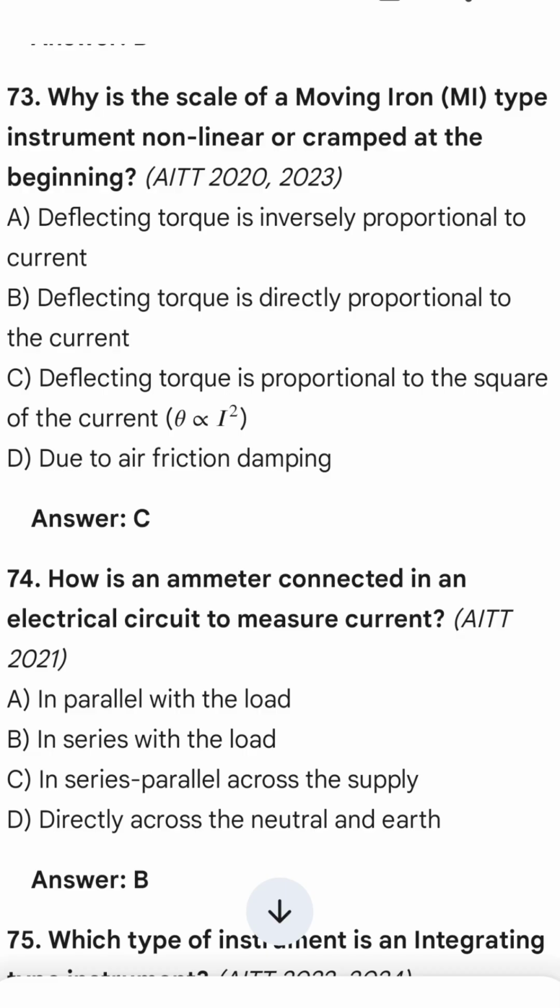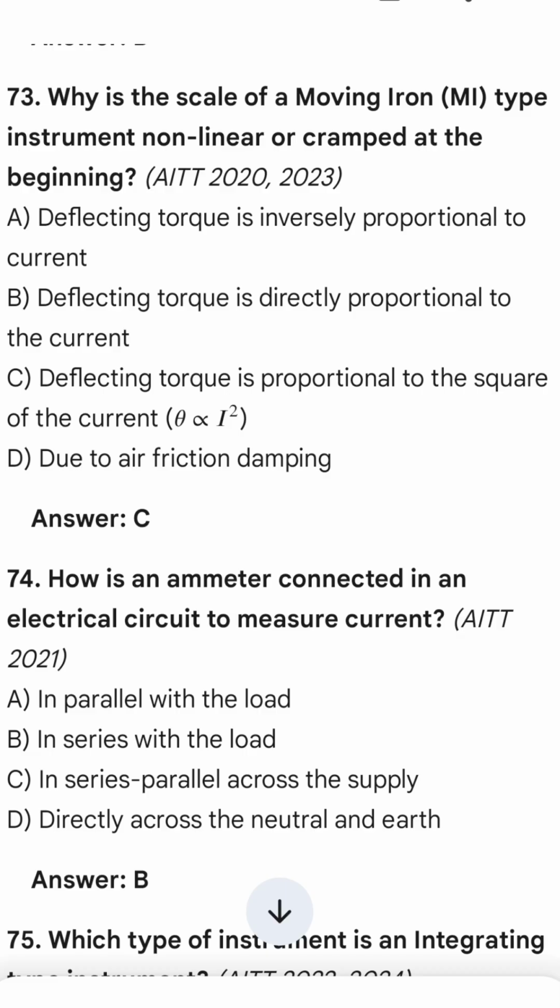Question number 73. Why is the scale of a moving iron, MI type instrument non-linear or cramped at the beginning? AITT exam 2020 and 2023. Option A, deflecting torque is inversely proportional to current.